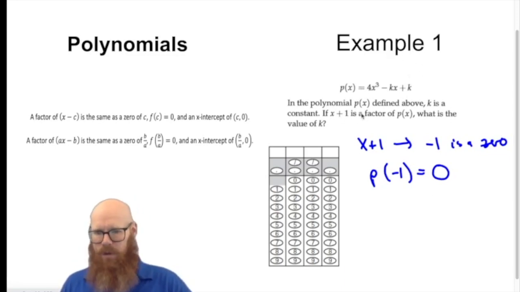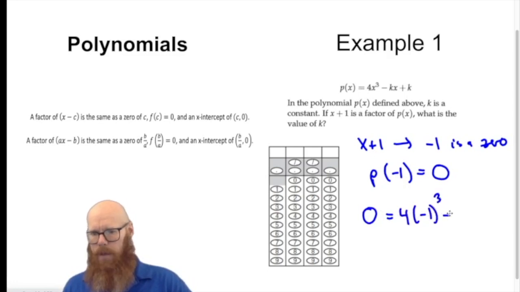So if x plus 1 is a factor, we don't have to factor this. We could guess and check and get the answer, but that's kind of difficult. The easiest way is to understand the relationship between factors and zeros. When we substitute -1, we should get 0. So 0 equals 4 times -1 cubed minus k times -1 plus k.